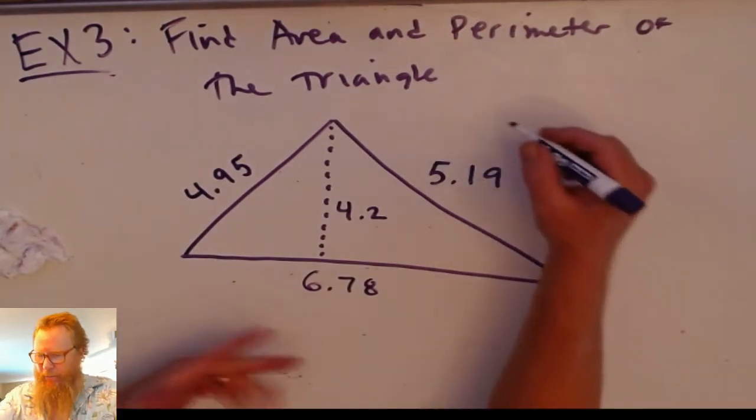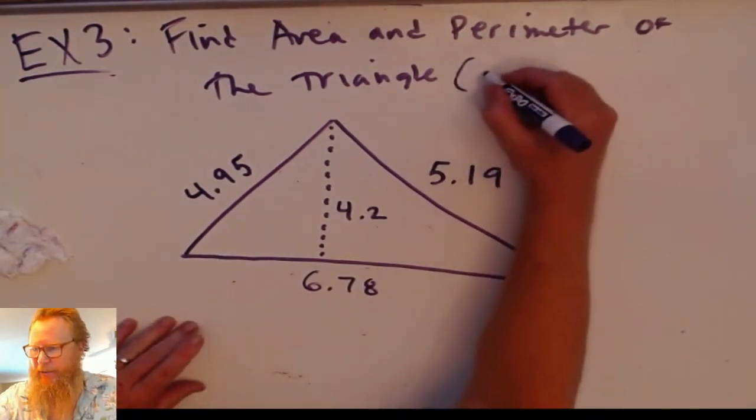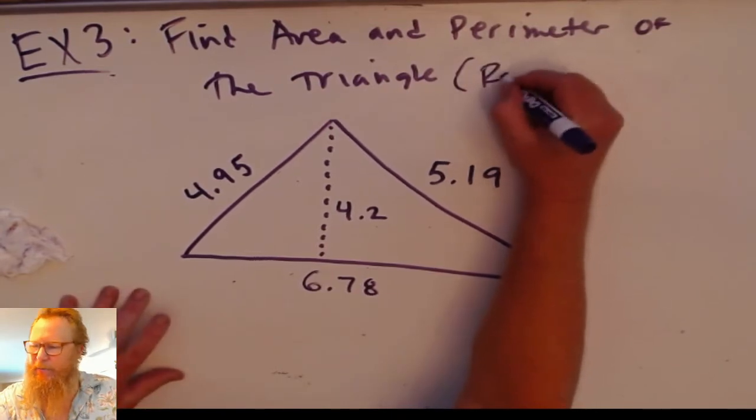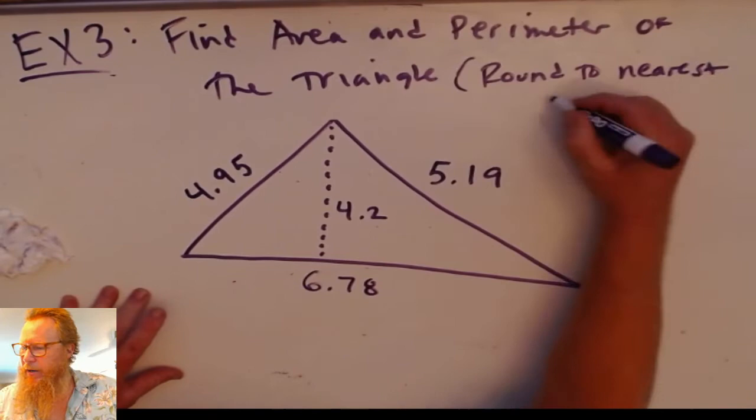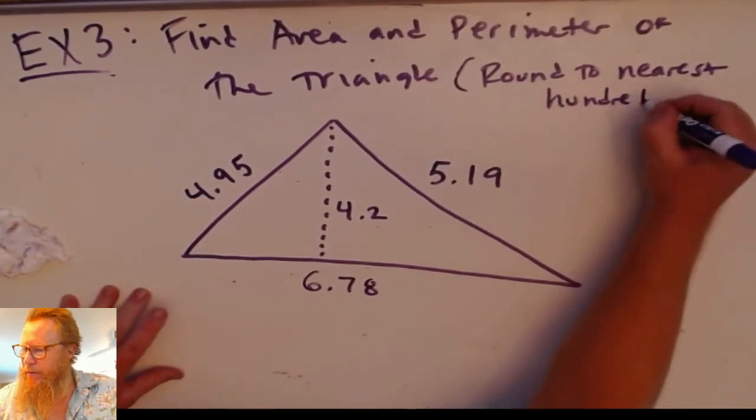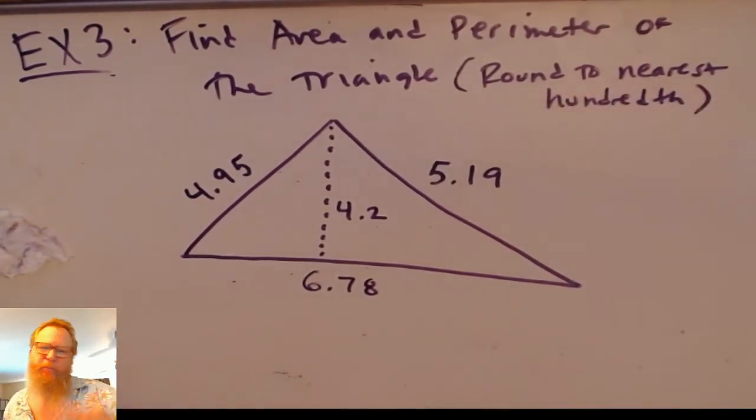And I already know we're probably going to have some funny numbers here, so it didn't really matter in the last example, but for this one, let's go ahead and round to the nearest hundredth. Just kind of planning in advance that these decimals are going to get out of control.